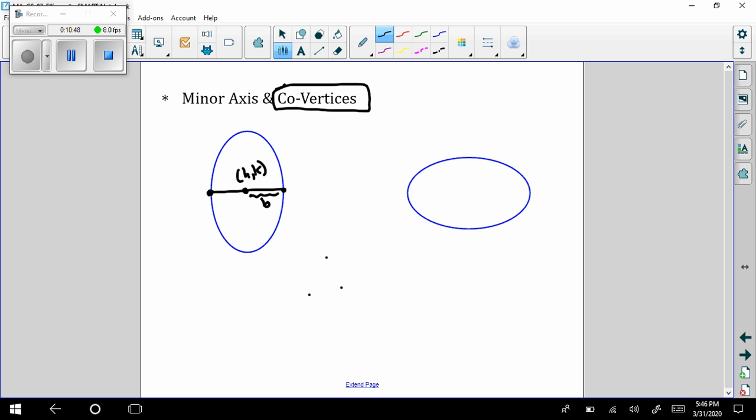So remember, you have a B squared in your standard form. So the square root of that becomes your B value. So since this is horizontal, it's going to be affecting my H term. So my co-vertices would be H plus or minus whatever that B value is. And the K value is going to stay the same. These are called my co-vertices.